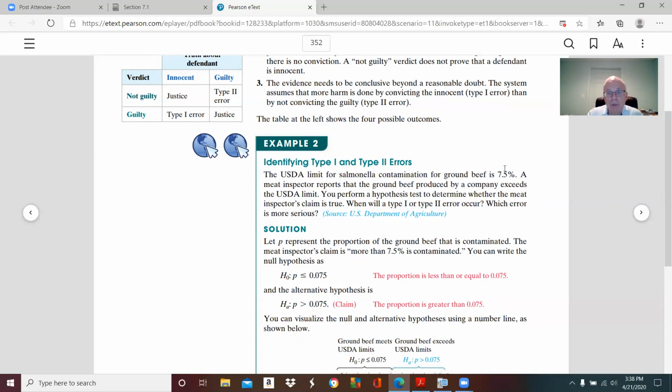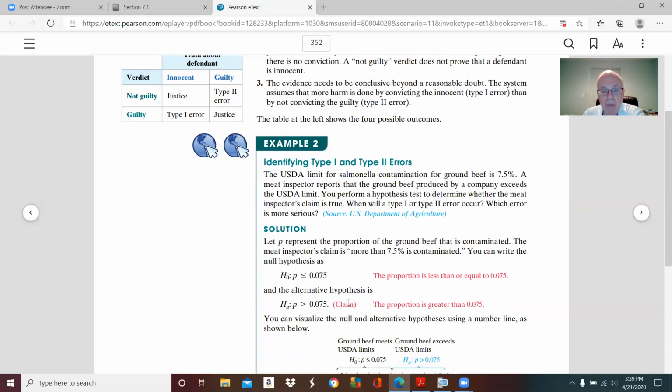Well, in this case here, this is a percent, so you're counting the number of pieces of meat that are examined. And they say exceeds here. The meat inspector's claiming that the company exceeds this limit of 7.5%. When you say exceeds, that means greater than.